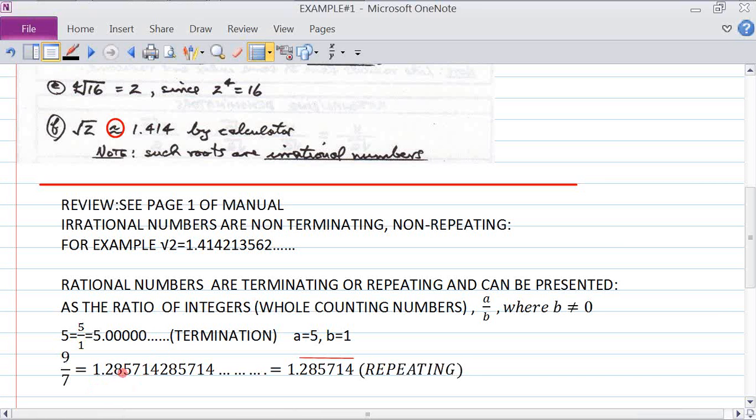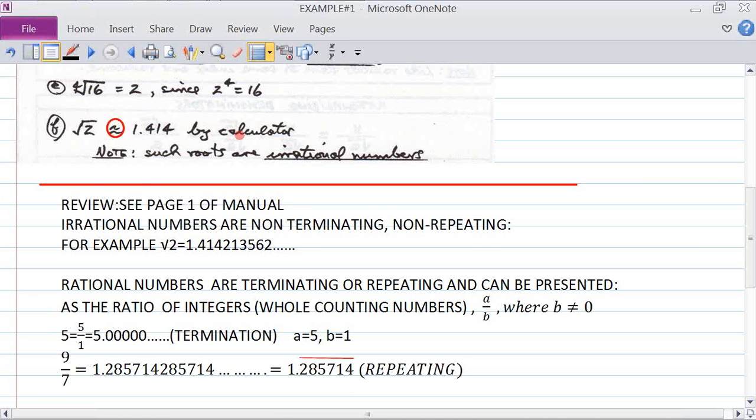We get 285714, 285714. So the numbers 285714 keep repeating. Sometimes we indicate that with a line above the numbers that are repeating. So in the case of a rational number, the number terminates or repeats. In the case of an irrational number, they don't terminate and they don't repeat.